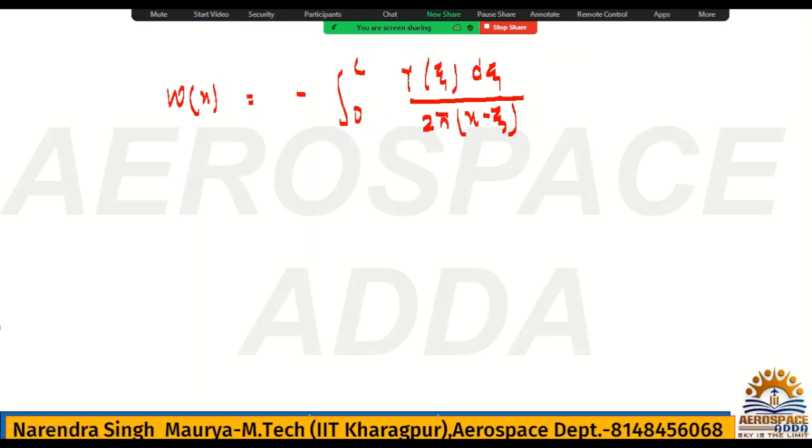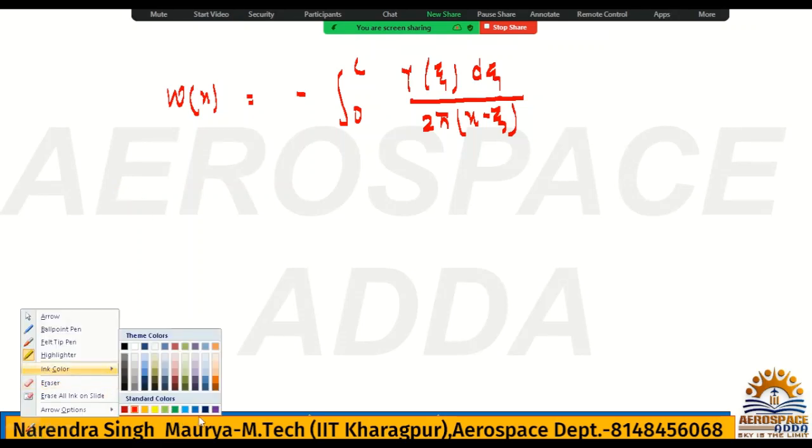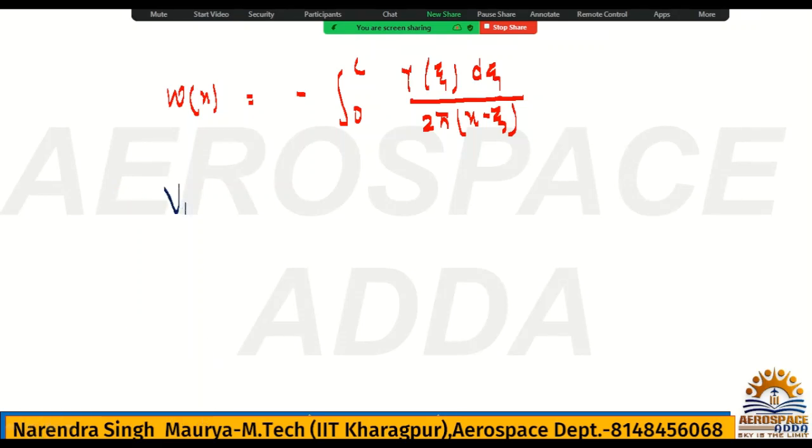So what is your equation of thin airfoil theory? You know that. What is that? V infinity n plus w dash x. Now this is also, because your chord line and camber line are coinciding, it will be equal to 0.